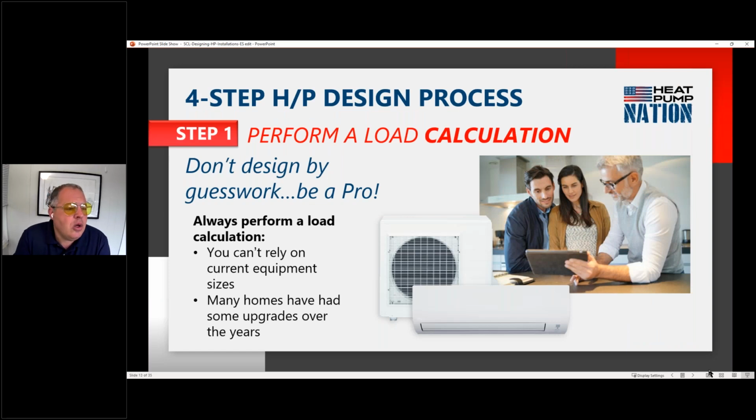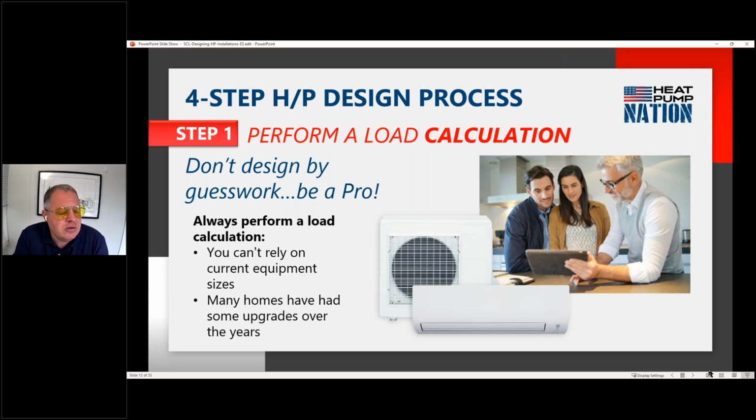Step 1, always perform a load calculation. And this is the only way we can remove guesswork from the process of selecting equipment. As I mentioned before, a contractor typically goes into a home in the Northwest and sees an 80 or a 100, possibly a 120,000 BTU furnace.